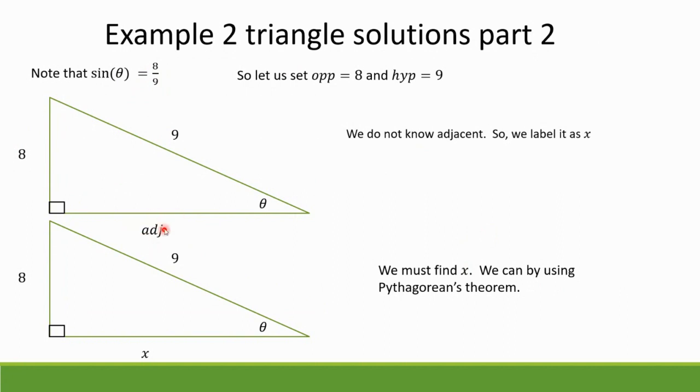But what about this side? The adjacent side we don't know, but we can get it. Let's label it x, and we have two known sides of a right triangle. To get the remaining side, we can use the Pythagorean theorem.